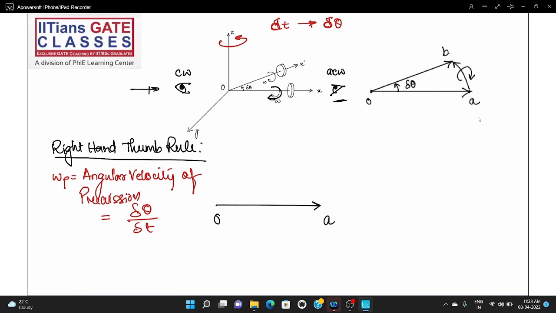So after some time, as you can see, the angular velocity changed its direction from OA to OB. Initially this was OA, and it changed to OB, by an angle delta theta.